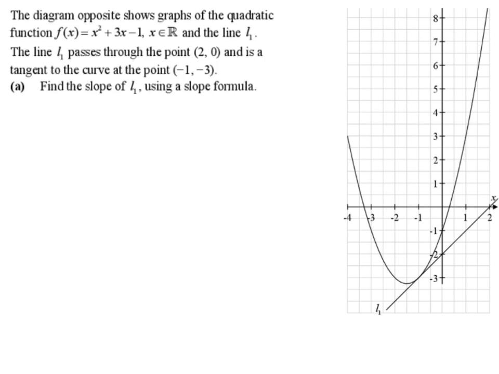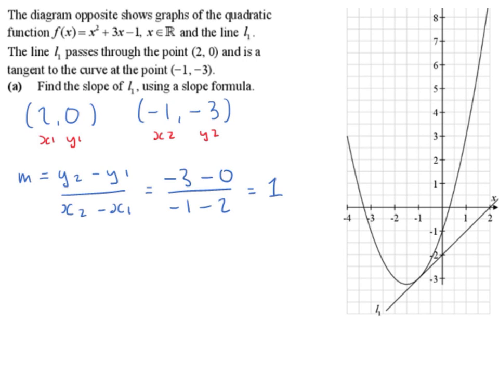So part A, find the slope of L1 using the slope formula. So find the slope of this line. What we have to do is take 2 points on our line. So we're going to take 2, 0 and minus 1, minus 3, because we were already told that L1 passes through 2, 0, and it touches the curve at the point minus 1, minus 3.